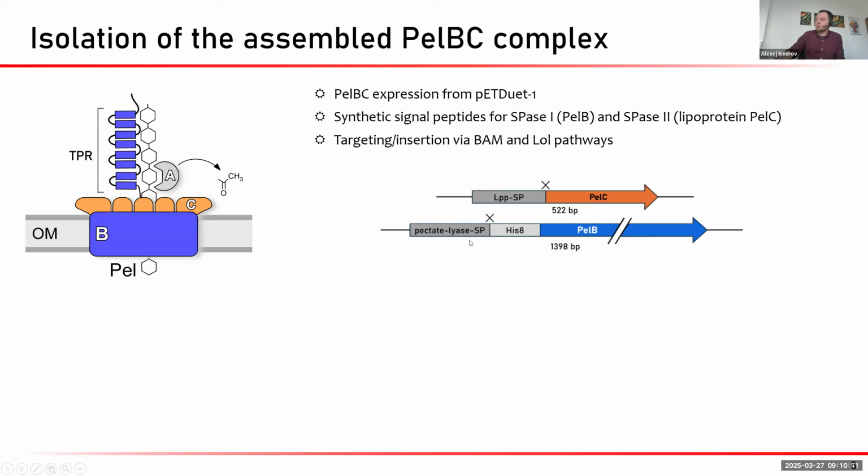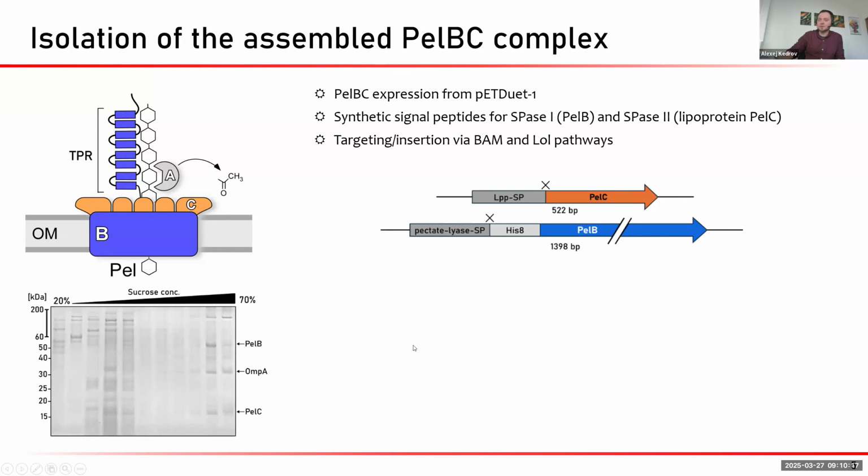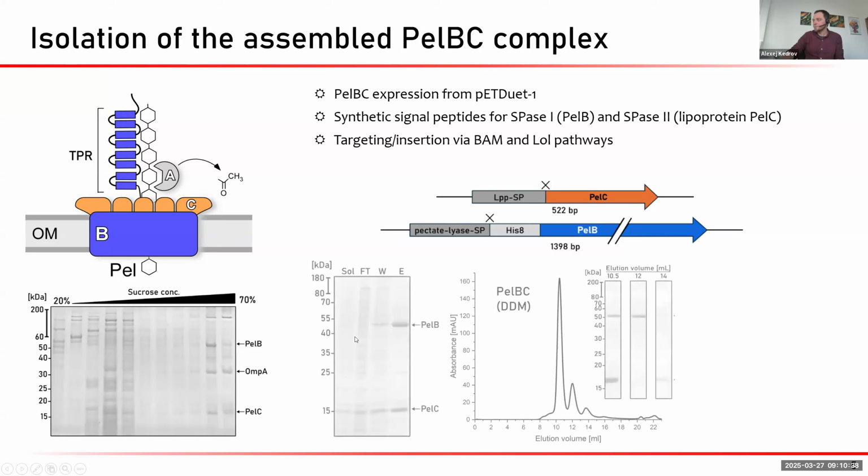So we encoded them both with specific signal sequences in a vector with a purification tag, and it was quite encouraging from the beginning to see that if we separate inner and outer membranes using a sucrose gradient, we see PelB and PelC in the high sucrose fraction where outer membranes are expected. So they nicely co-migrate with OmpA, a marker in Escherichia coli.